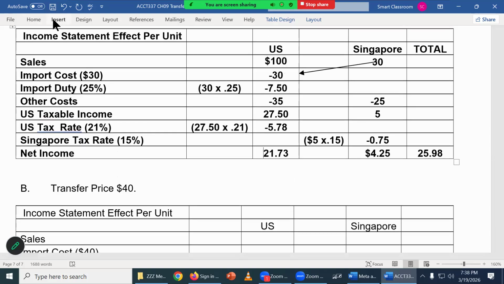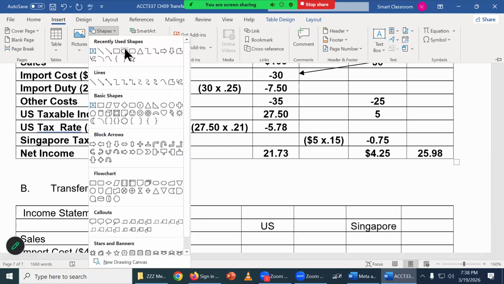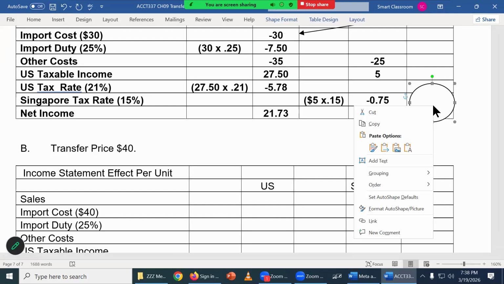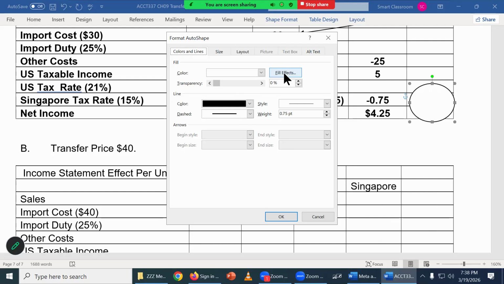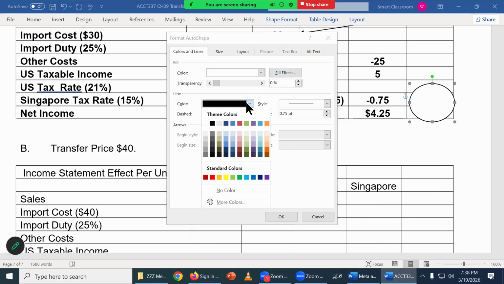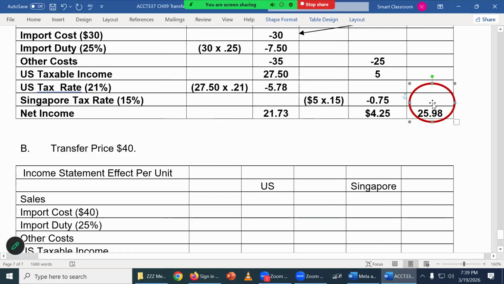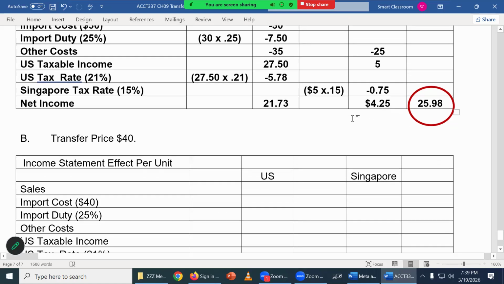All right, let's make it red. So this will be our total income per item.